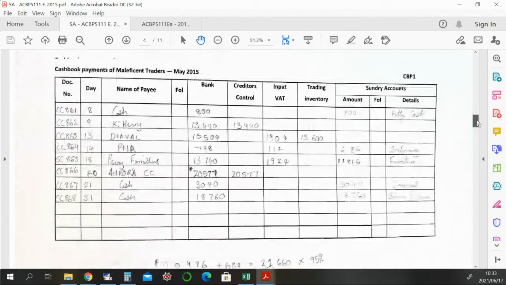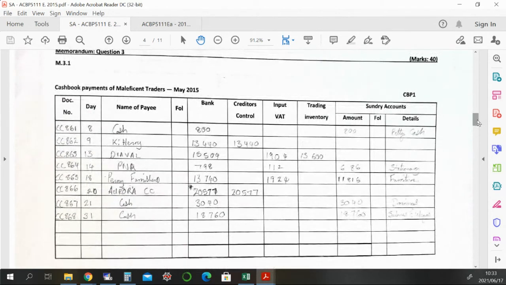That would be test 2 or it's exam 2015? Exam 2015. There's the essay here. Leave the essay because that's what we're displaying now. I want you to download the question paper.